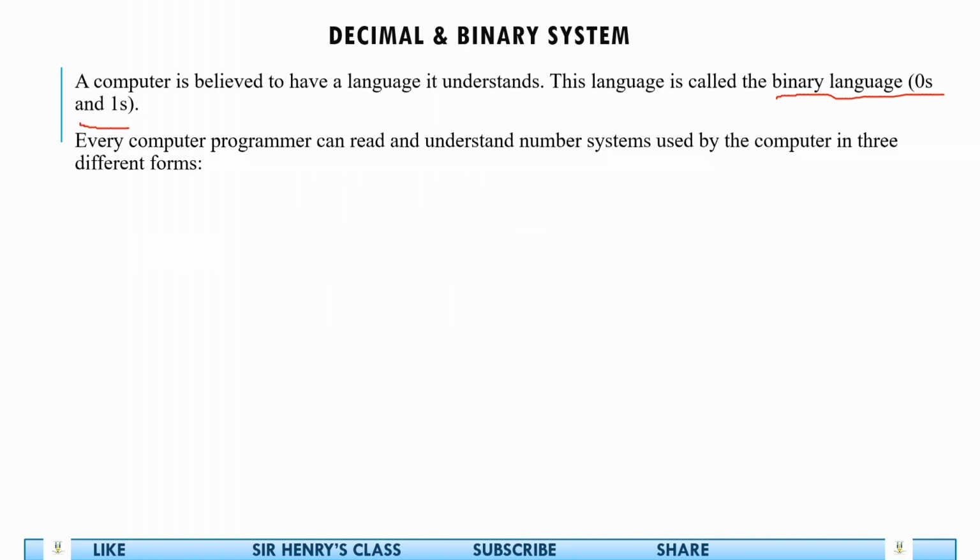Now every computer is able to read the data that it receives in various forms. Some read the data in the form of integer. And we all know what integers are: numbers that are either positive or negative.